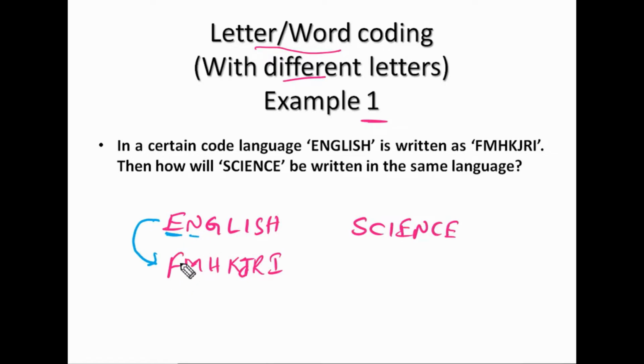N: the nearest letter of N is M, but that is a before letter. G: H is the next letter. L: K is the before letter. I: J, next letter. R. Here the logic is +1, -1, +1, -1, +1, -1, and +1.